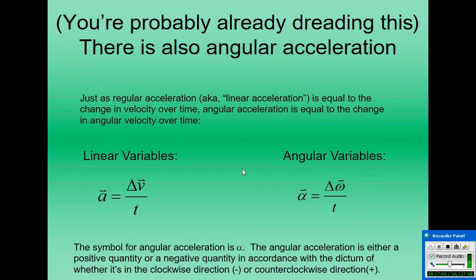It can be positive, it can be negative, and the determination of whether the angular velocity is positive or negative follows the same logic as determining whether the linear or regular velocity is positive or negative. Remember, if the object is speeding up, the velocity and the acceleration have the same direction.